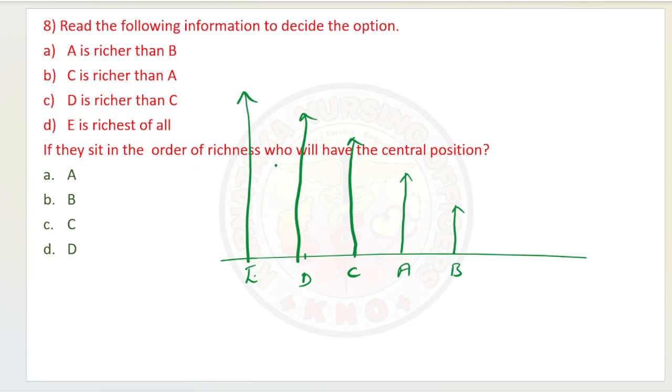If they sit in the order of richness, already it is in the order only. Who will have the central position? The correct answer is option C. C is the central position in this order of richness. Okay, so next question.